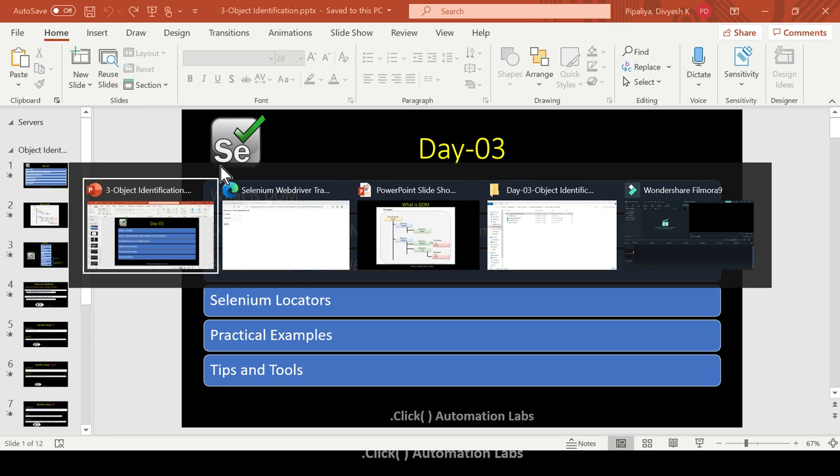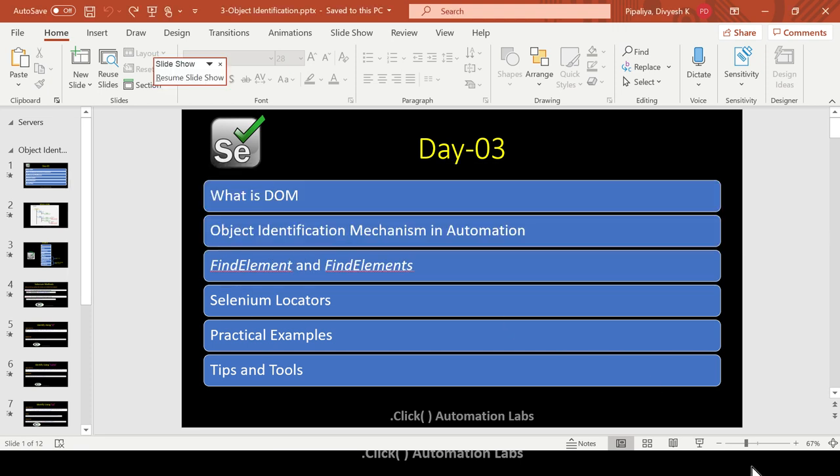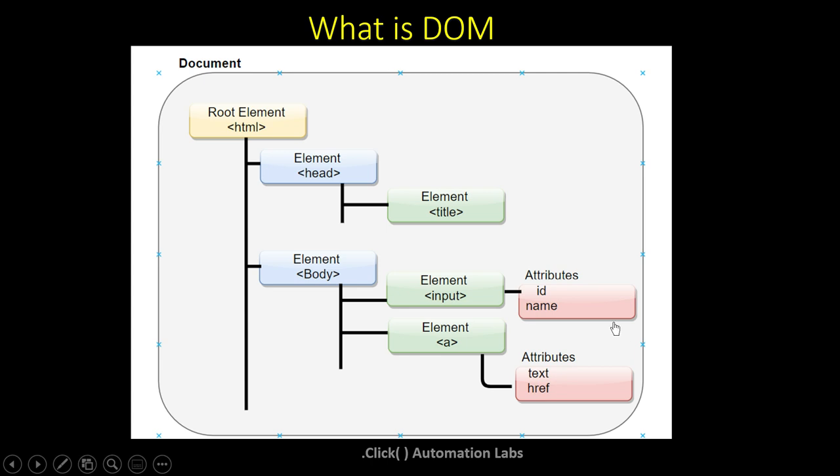So before getting into much about the DOM, let's see what are the different aspects of your DOM. So the DOM is the first step is defined as a root element. So under this root element, you can see various elements.